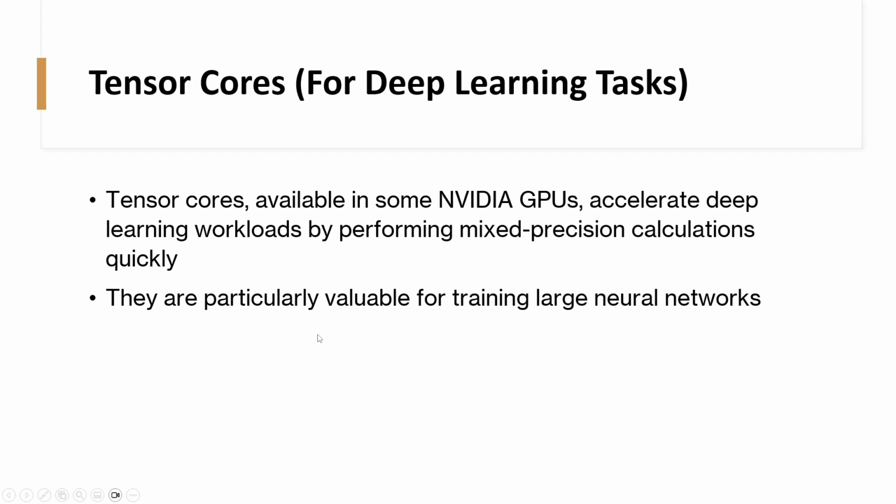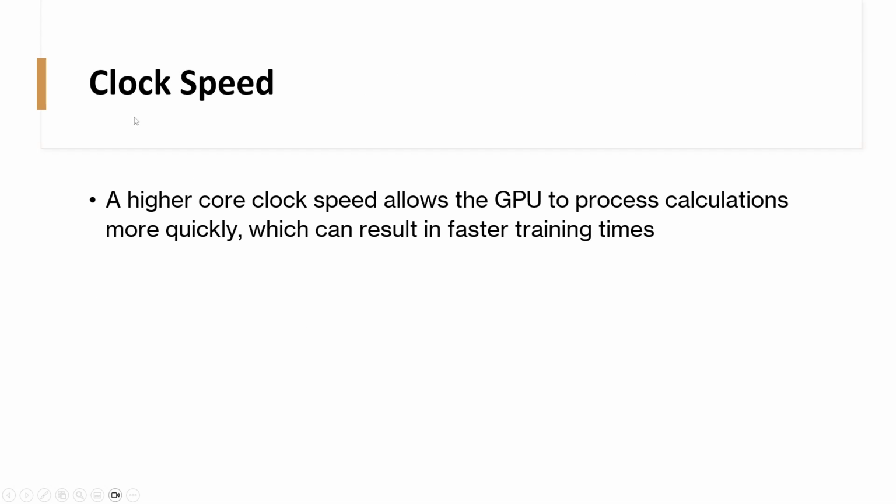Another thing to keep in mind here is clock speed. The higher the clock speed, the faster the GPU can process things, which results in faster training times, faster inference, all this stuff. There are some things we're talking about here that are subcomponents of other things.